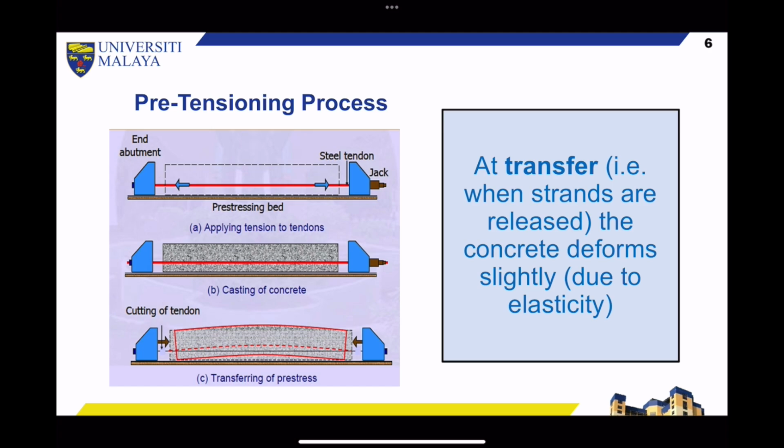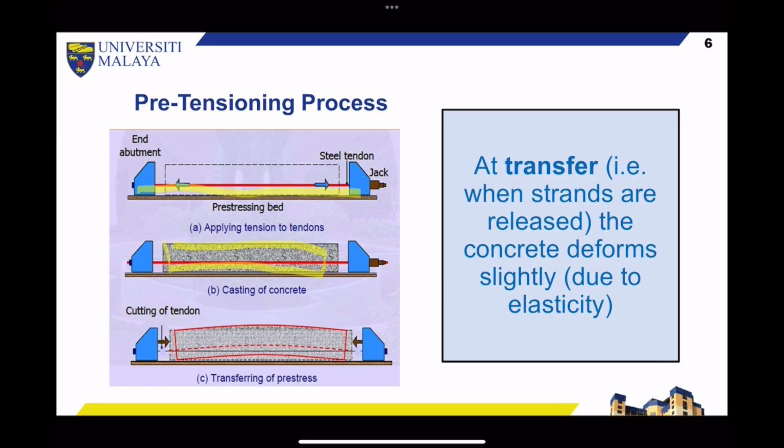Before concrete is casted or poured, the steel will be tensioned. This is why it's called pre-tensioning. Then the concrete will be casted onto the prestressing cables.